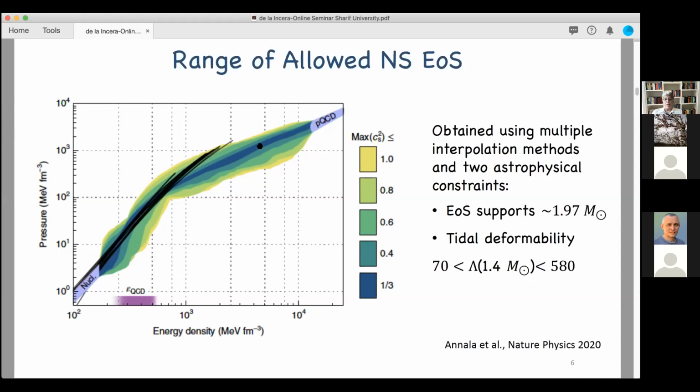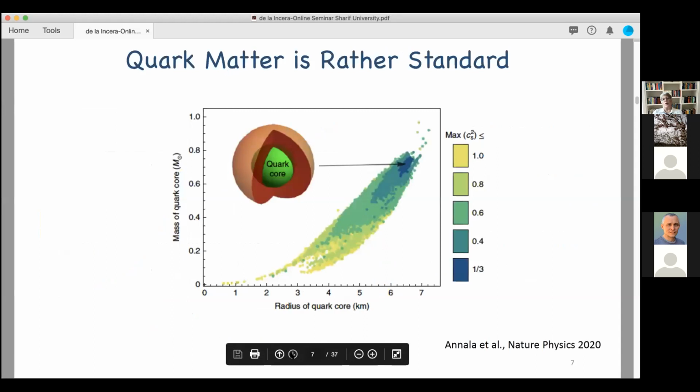So when they considered the cores of these very massive stars, they found large cores with their calculations. All of them, or most of them, were constrained by a speed of sound below or near the conformal limit.